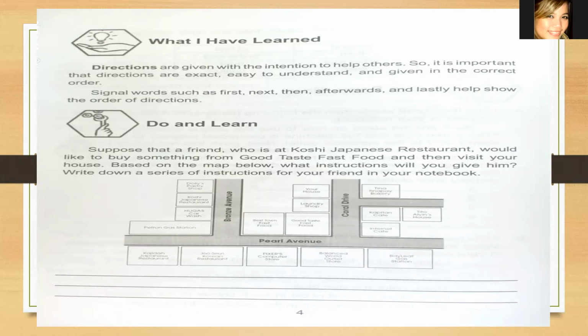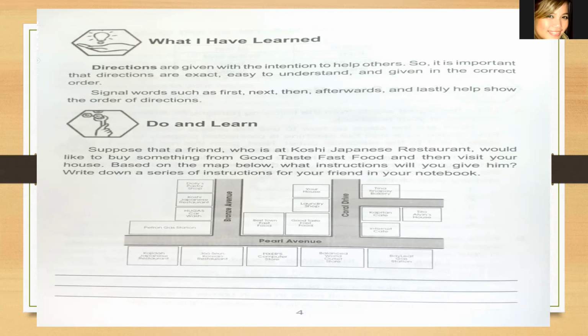So, it is important that directions are exact, easy to understand, and given in the correct order. Signal words such as first, next, then, afterwards, and lastly help show the order of directions.